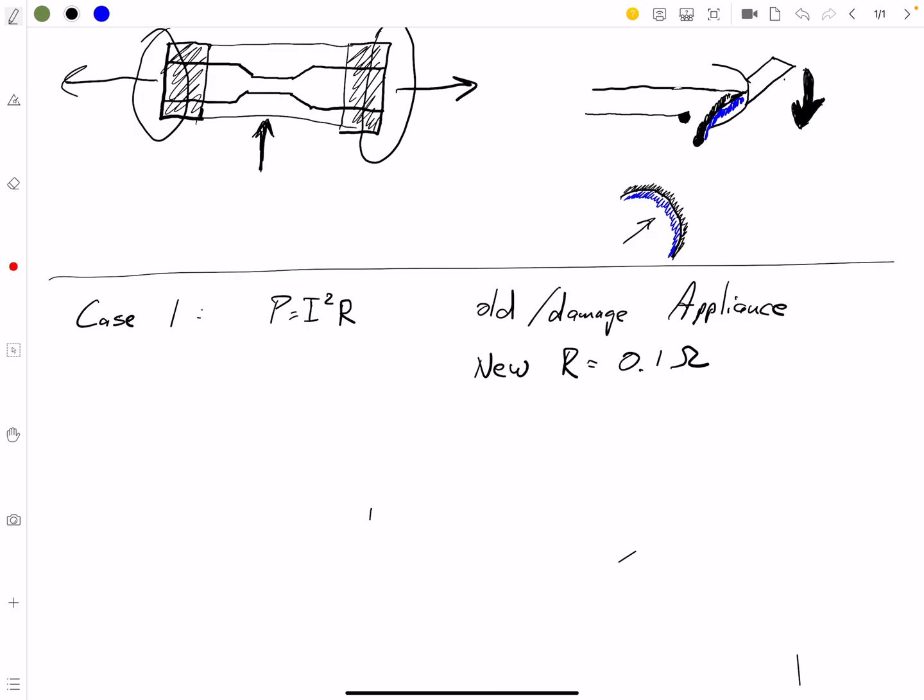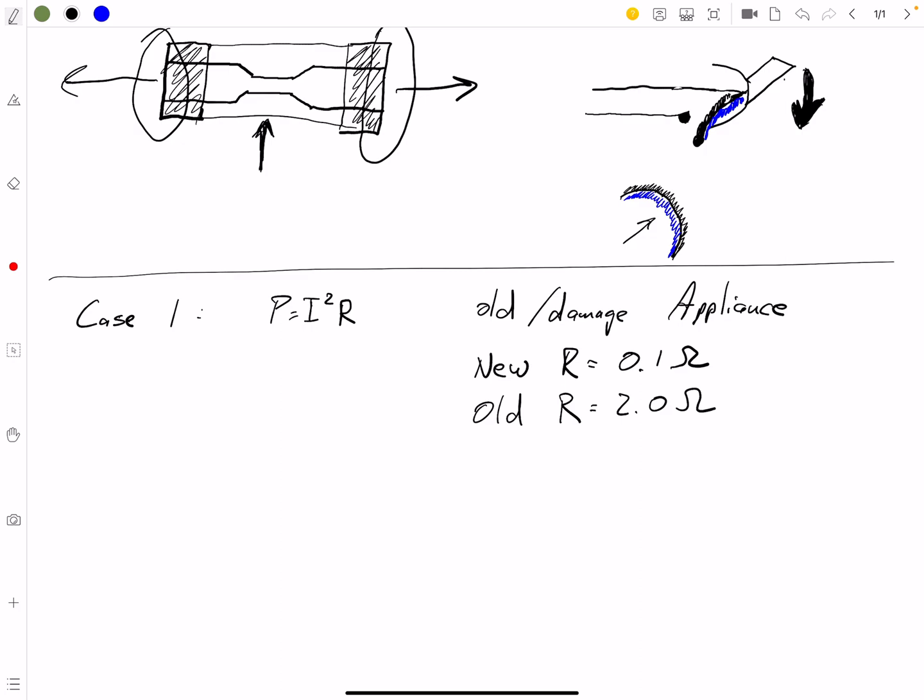Okay, but over the years, it has increased its resistivity, as things do, to 2 ohms, right? That's a lot. That's a big change, 20 times larger resistance. Still works. Everything's fine.